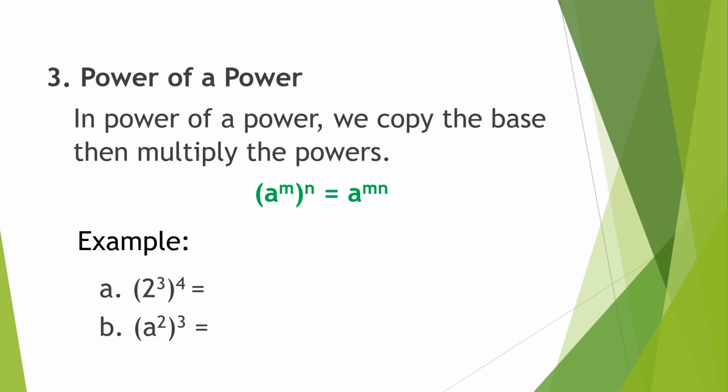Letter A. The quantity 2 raised to 3, raised to 4, is equal to, copy the base 2, then multiply the powers. 3 times 4 is 12. Letter B. The quantity a raised to 2, raised to 3, is equal to, copy the base a, then multiply the powers. 2 times 3 is 6.